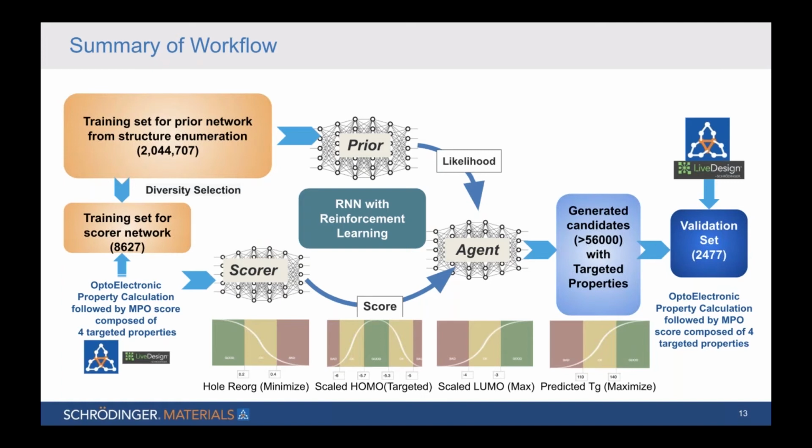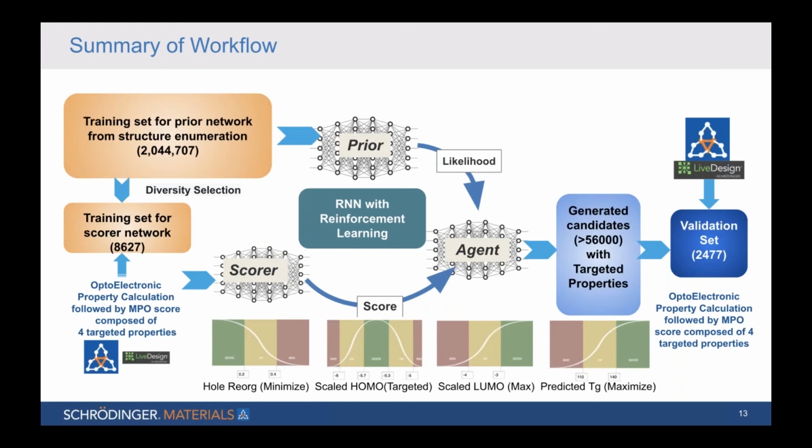Once we fed the information into the machine learning model, it was able to generate over 56,000 candidates with the targeted properties. Remember what I mentioned earlier, we used MPO, the multi-parameter optimization score, to combine all 4 properties into an easy to understand, easy to optimize single numerical value.